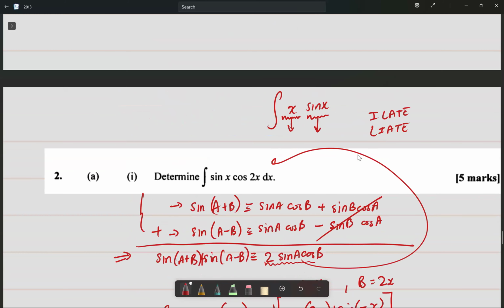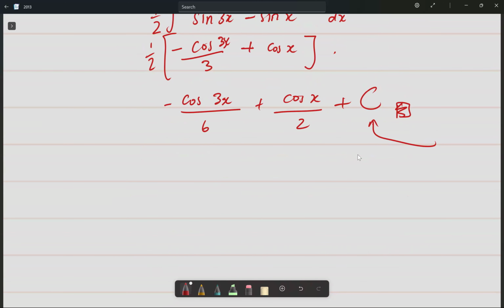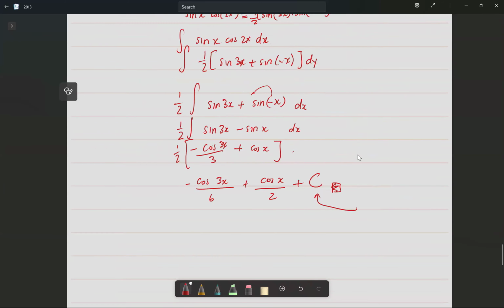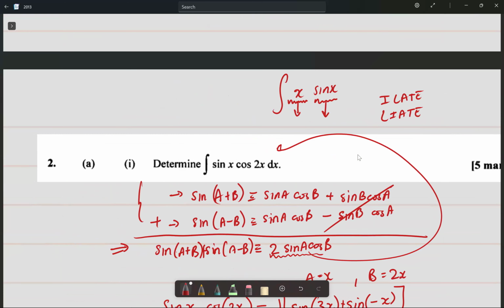So, up to this point, any confusions? No? Reminder that we could not use integration by parts, because integration by parts is whenever you have two separate things, like an algebraic expression and a trig or a log with something else.